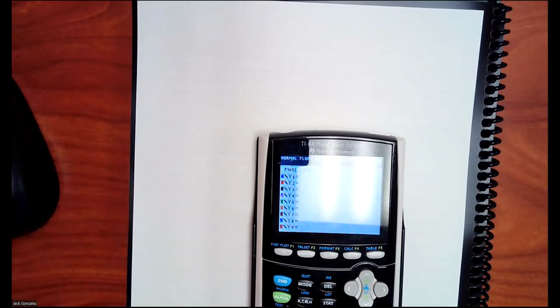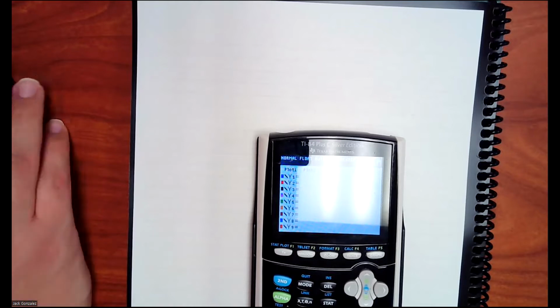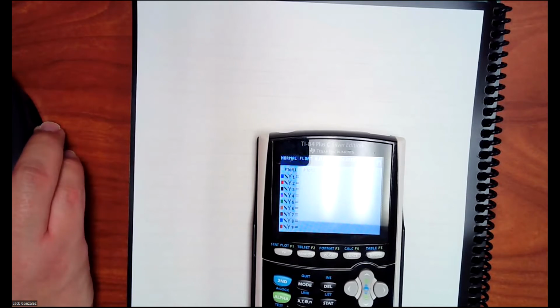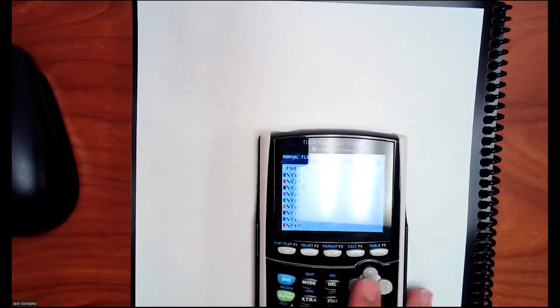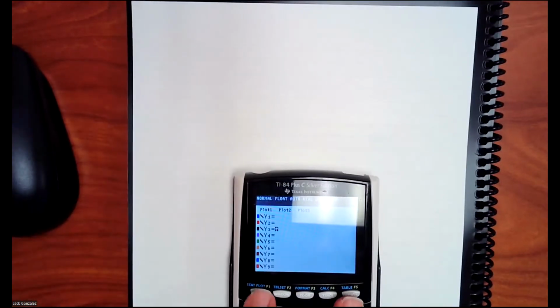All right, so just do it on here. It's not that bad on here either. You just hit the y equals, go in there, press tangent x minus pi.